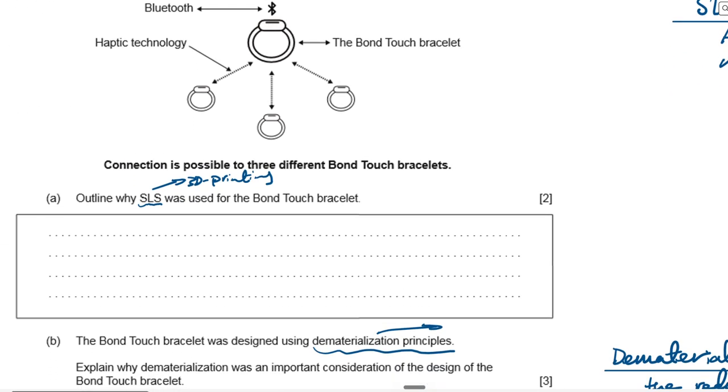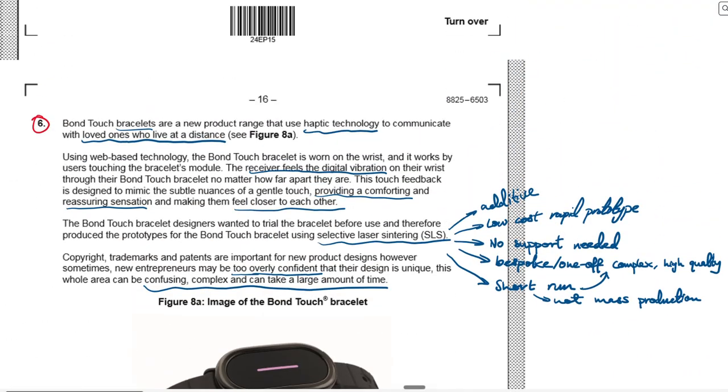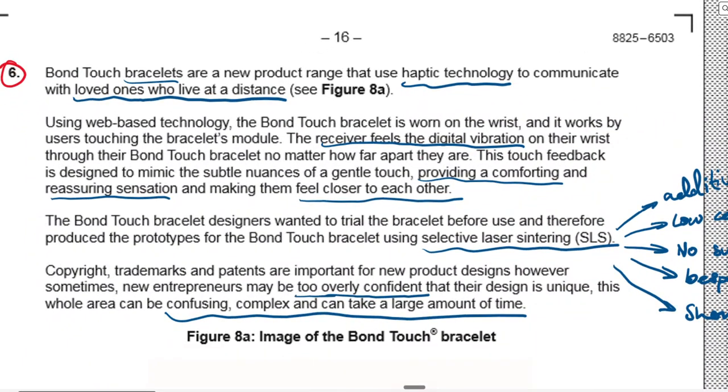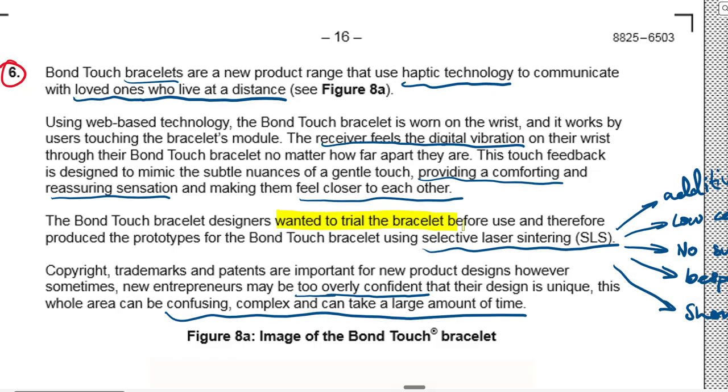They're saying why was it used? That means we have to give an advantage for using SLS over something else. And the key reason they mentioned is they wanted to trial the bracelet before use and therefore produce these prototypes.